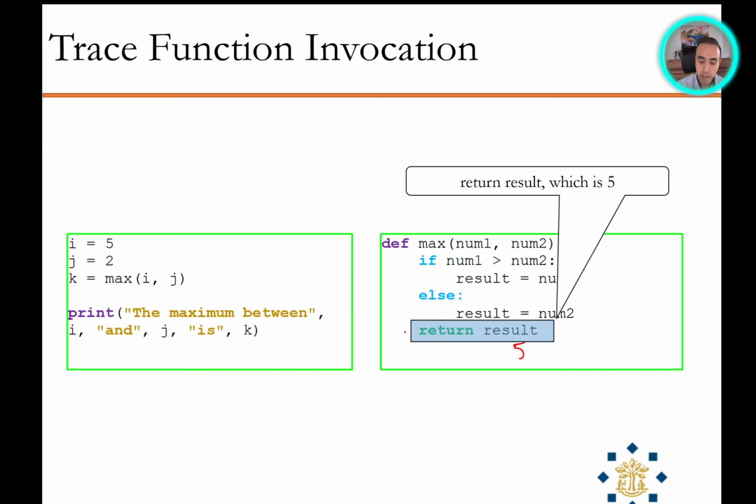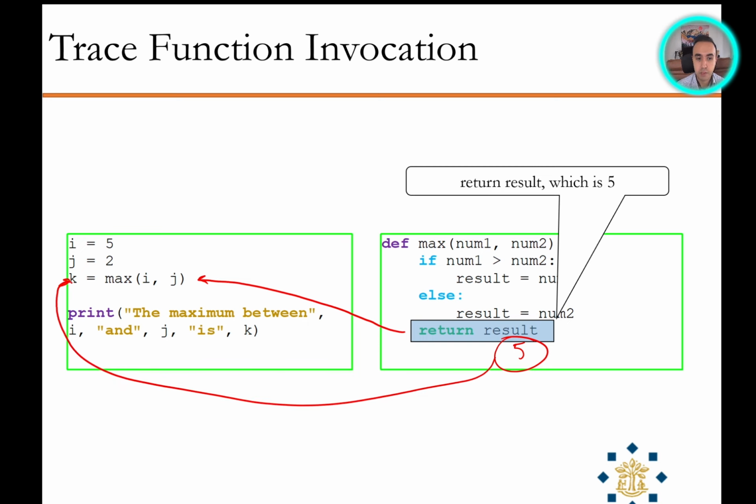Where do we return it? To the same place that we invoke the function. So this box is 5, because that's what the return value is. And now just like i equals 5, we have k equals 5. Instead of 5, we wrote this function call, but at the end, what we get as a return is 5. So now k becomes 5 as well.